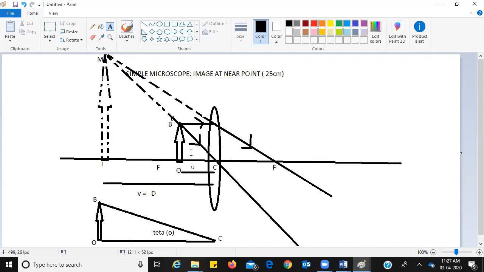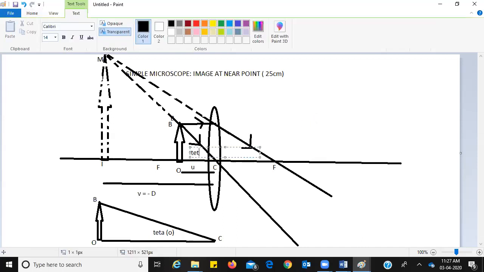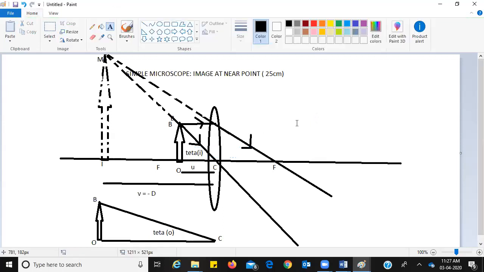So this angle will be theta I. Even if you don't have the image, you can find theta I. This triangle is enough. Theta I you can find with this triangle, or even with the full triangle. But the full triangle is better.